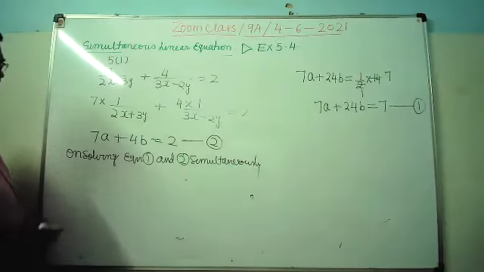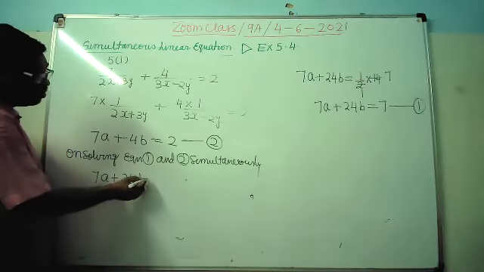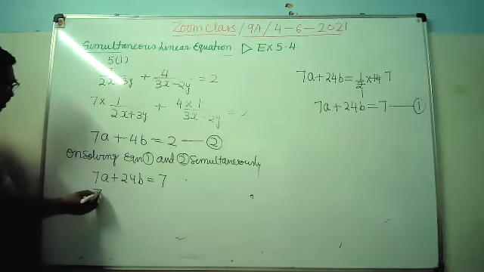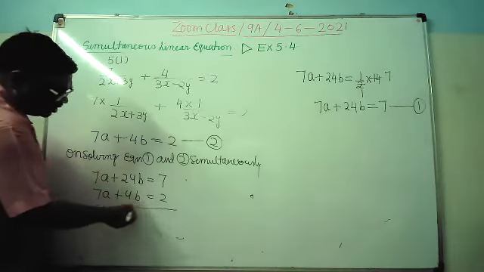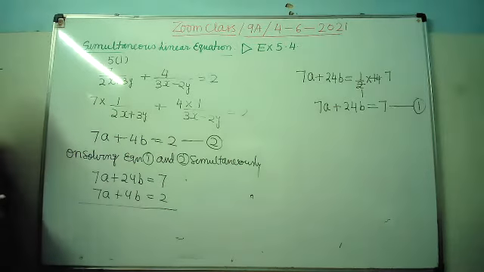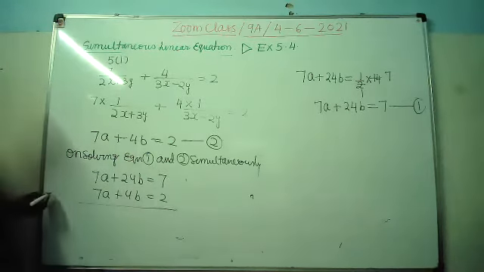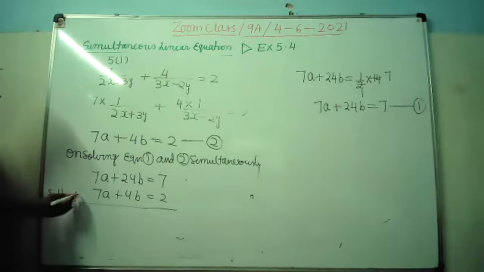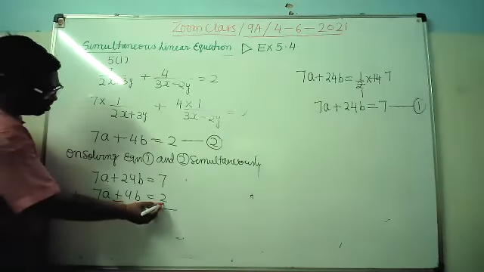So 7A plus 24B equals to 7, and 7A plus 4B equals to 2. You can see here, in both places there is 7A. What will you do, add or subtract? Subtract. And when we subtract, we will change the sign of the second equation.